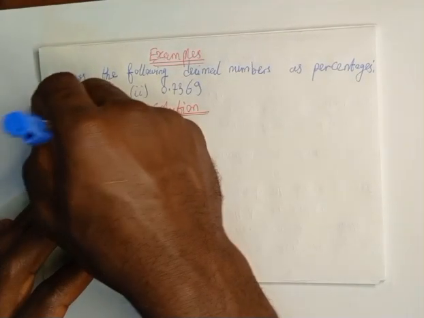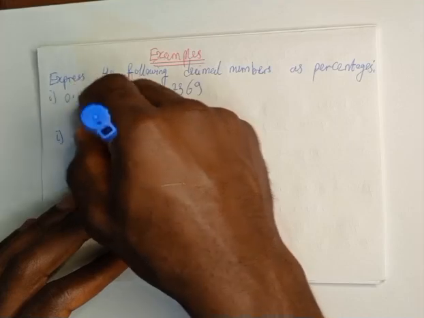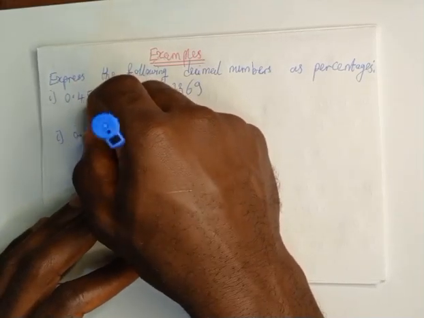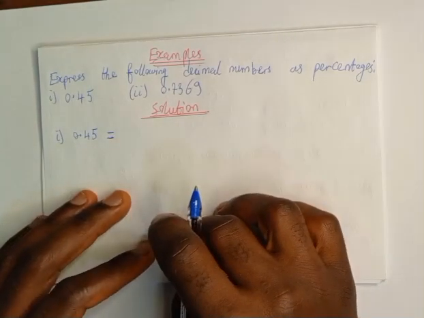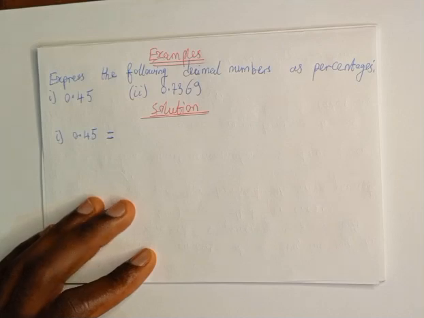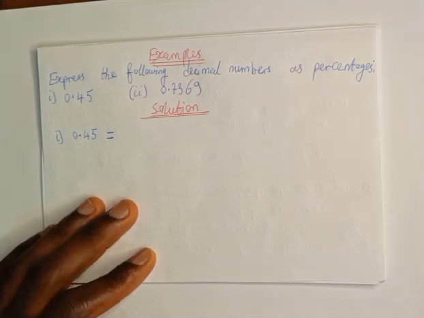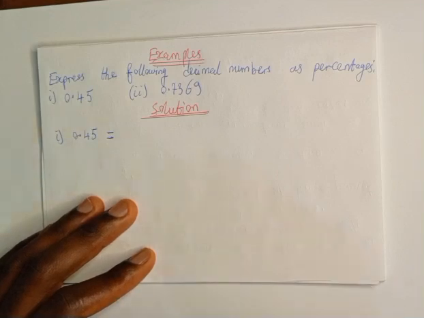Solution for 1, we have 0.45. The first way for us to express 0.45, we can decide to express 0.45 as a decimal fraction, that is a fraction whose denominator is a power of 10. In this case, we are going to do it in such a way that the denominator should be 100.